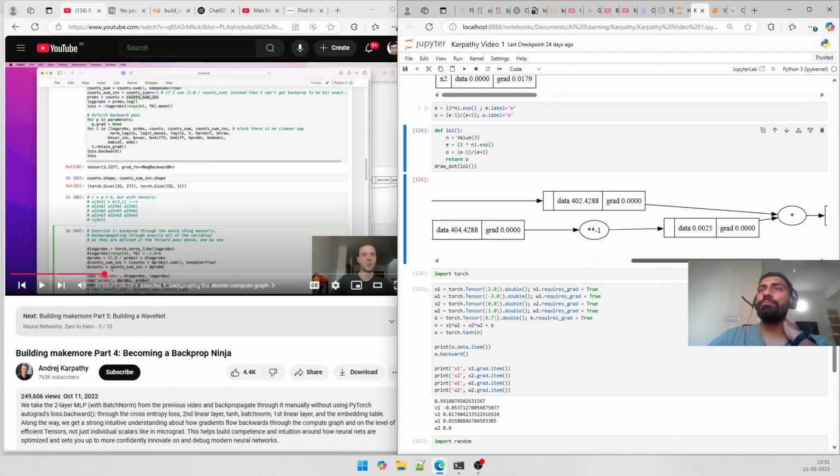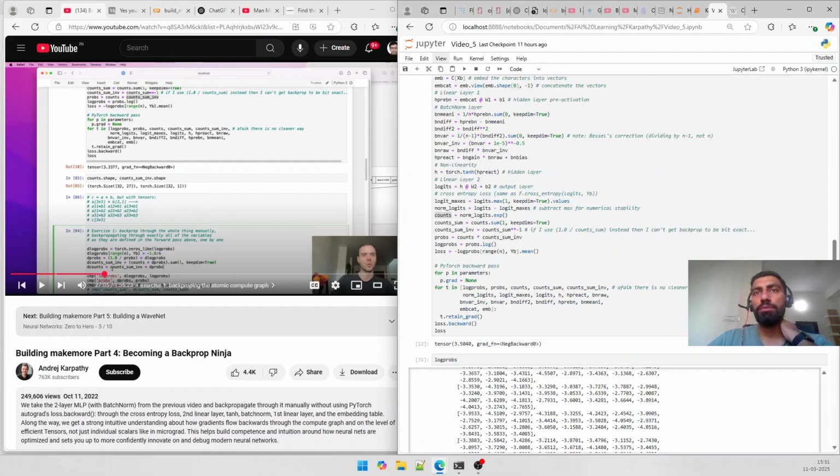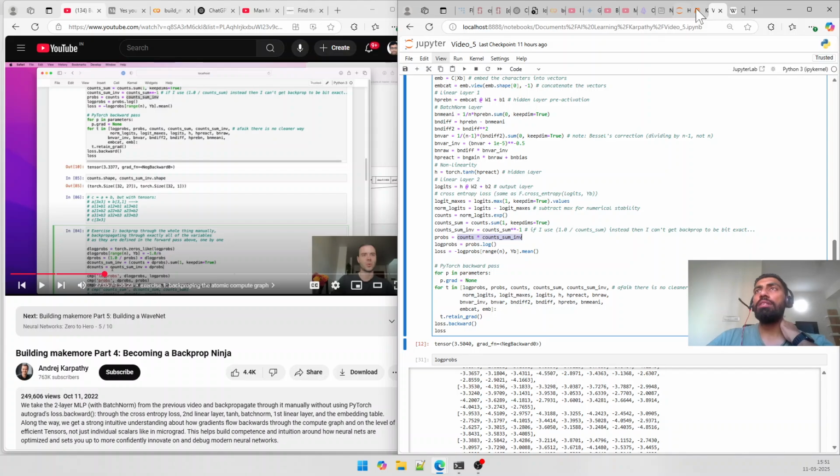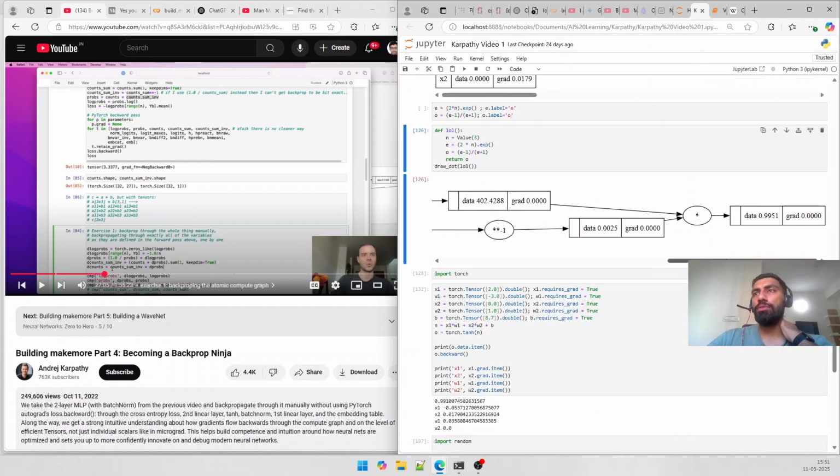So, you can think of this as the counts, and this you can think of as, what was the other one? Yeah. So one is counts, one is count sum inverse. So it can be count sum inverse, and this can be counts. So these two are multiplying to give an output.